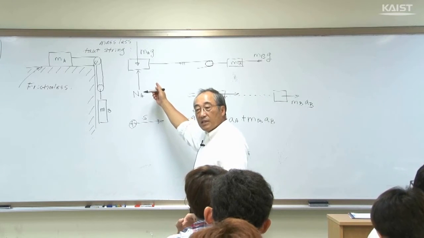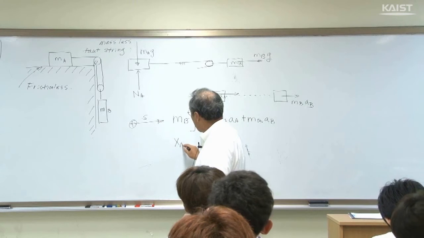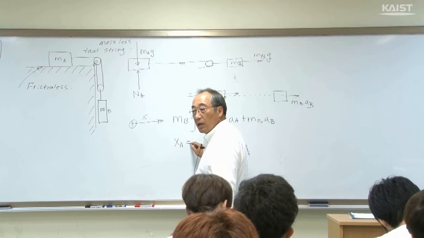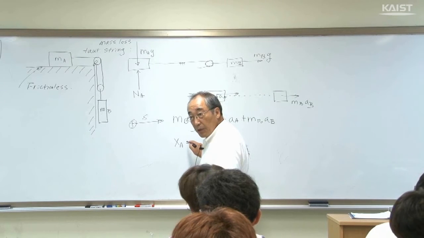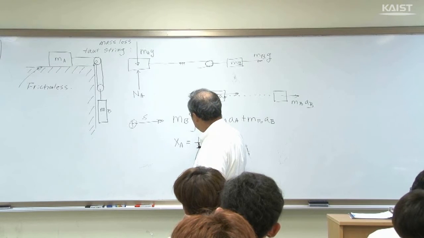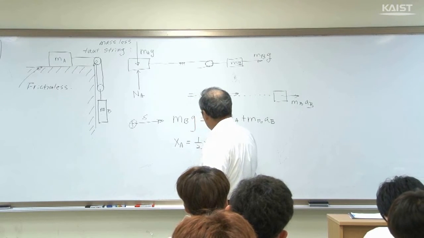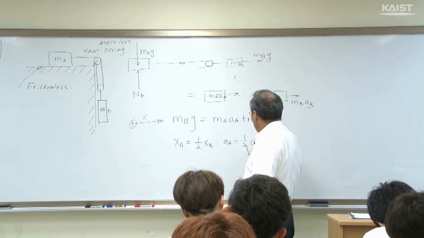And also he argued that because there is a constraint between AA and AB, or between the displacement of mass A and the displacement of mass B, we note that XA has to be half of XB. Therefore, we can write AA is equal to half of AB.